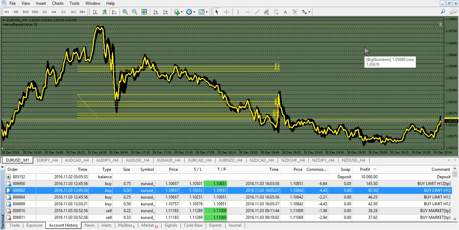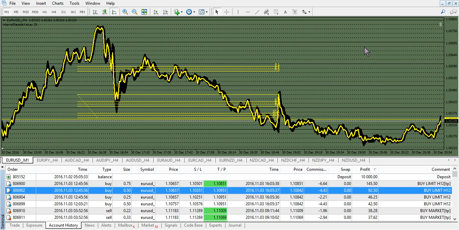So the cost: he's putting a 3 pip stop on, let's just say, a standard lot. He's down $30, plus he's down the spread, which is a pip. We're just going to put slippage in there, and then you're down $10 for the commissions.